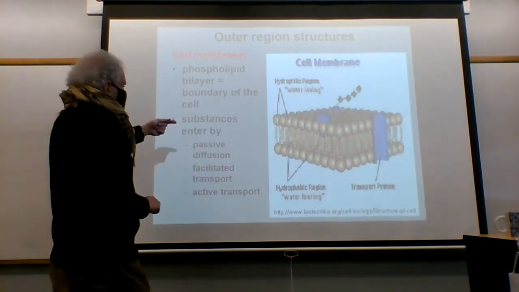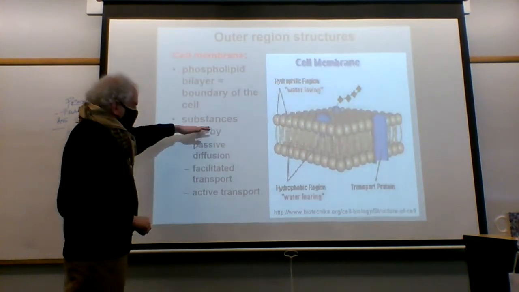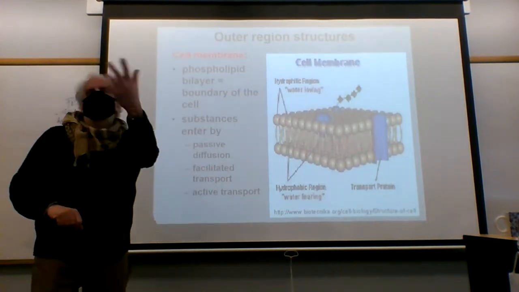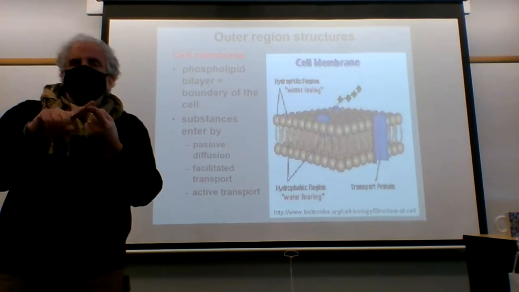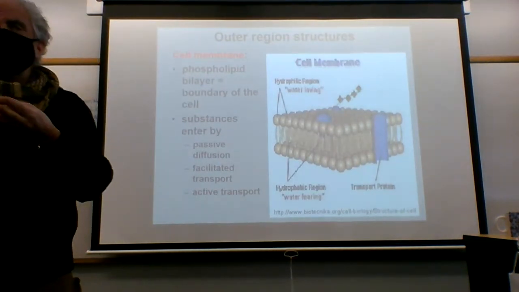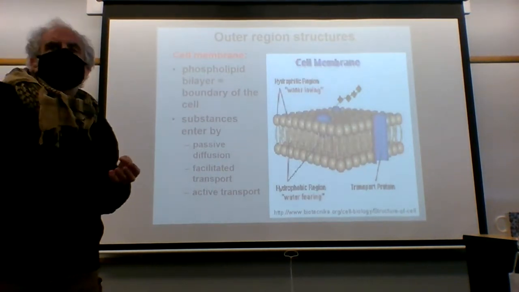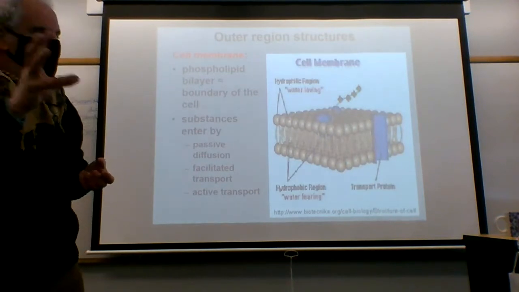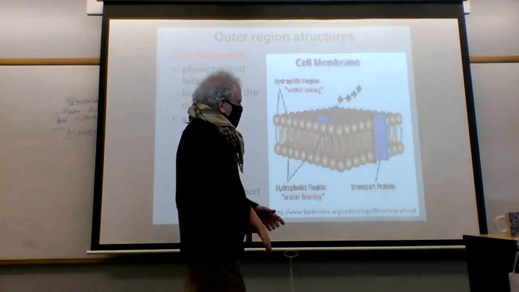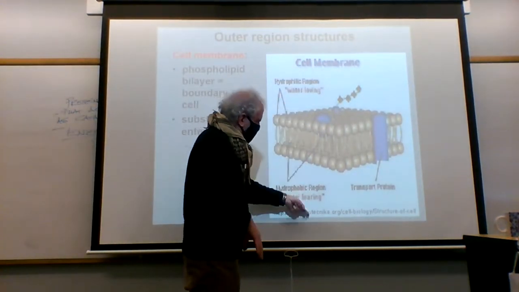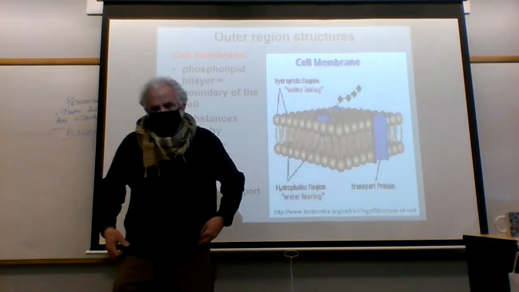So things can get in either by just diffusing across, which is another point to make, is that water, CO2, O2, these are molecules that don't have enough of a charge to interfere, and we pretty much think of them as being able to diffuse across the plasma membrane.